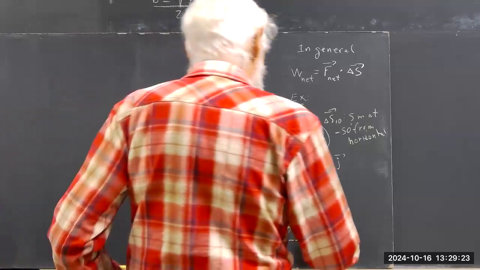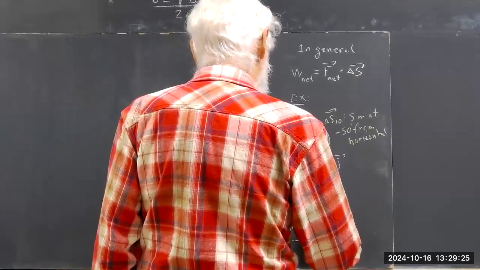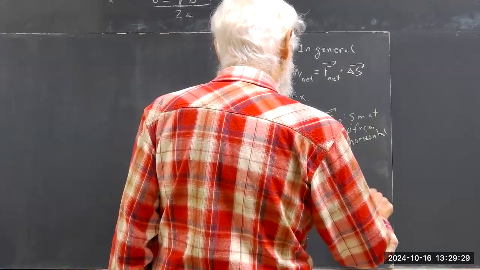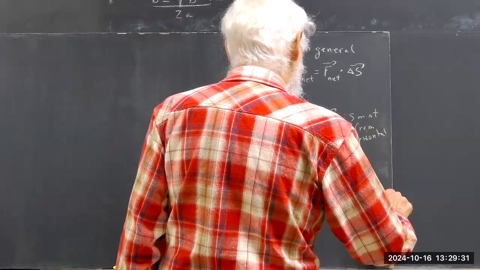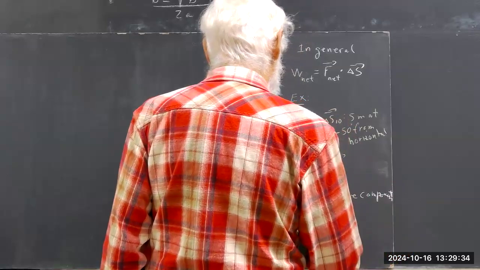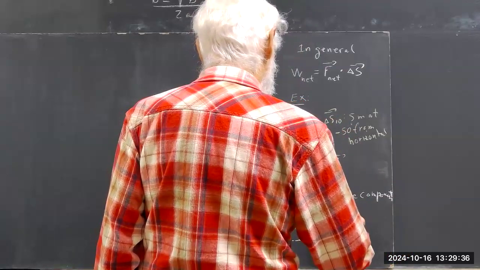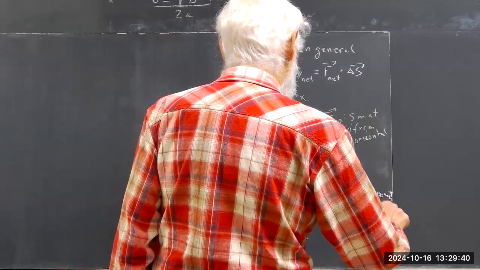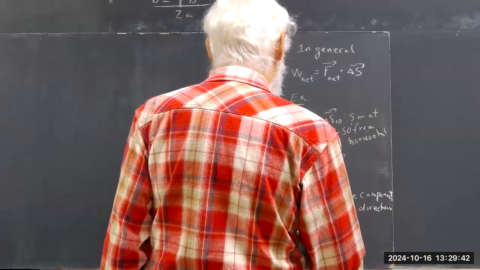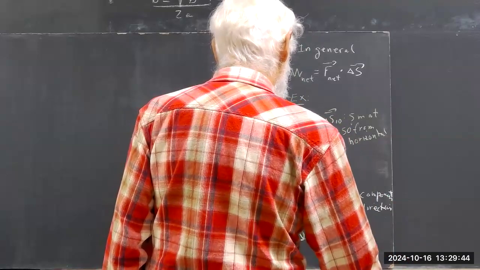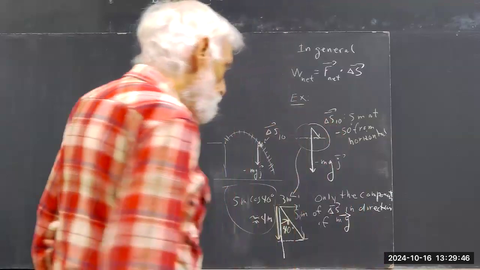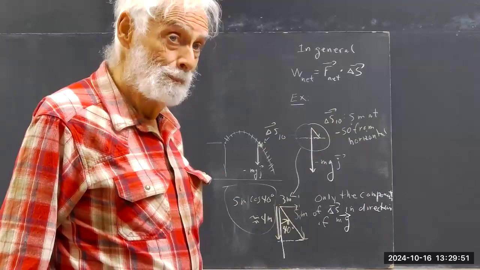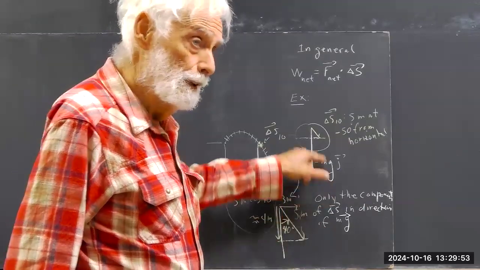The thing we take from this is, put an arrow over the mg so I don't have to write negative mgj. That's what the vector mg is.